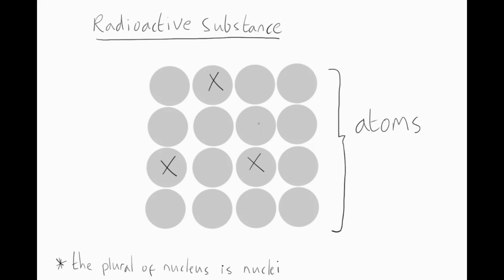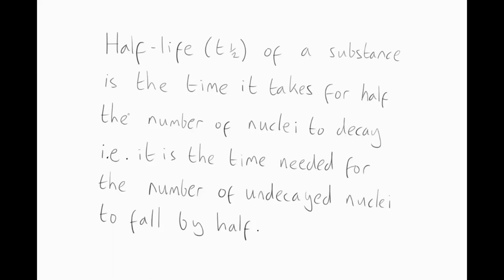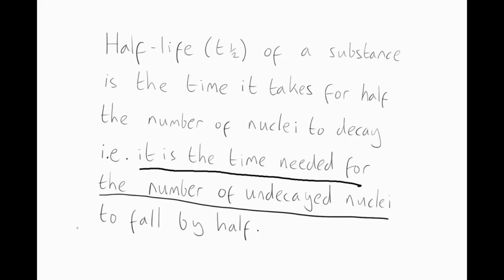There's a huge range of them. Half-life is about trying to make sense of that range. The half-life of a substance is the time it takes for half the number of nuclei to decay. A more precise definition is it is the time needed for the number of undecayed nuclei to fall by half.